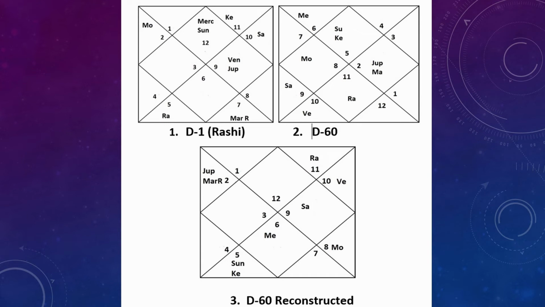So over here in the Lagna, you can see that it's a Pisces ascendant. Look at the Rashi chart. The ruling sign is Pisces. So even in this chart, we will take the ascendant as Pisces, and then we will look towards the original D60, and we will just copy the planetary placements.